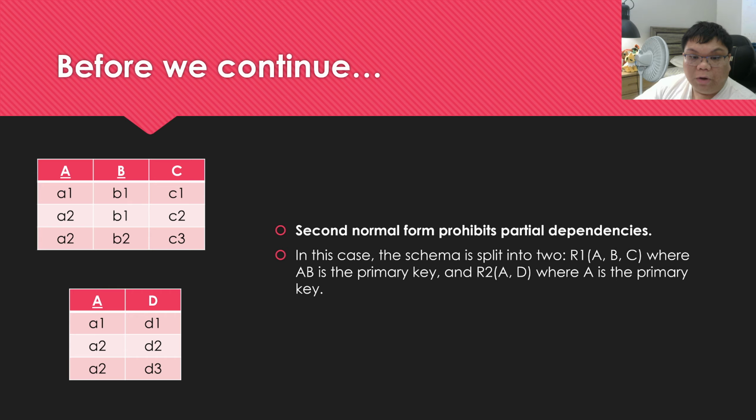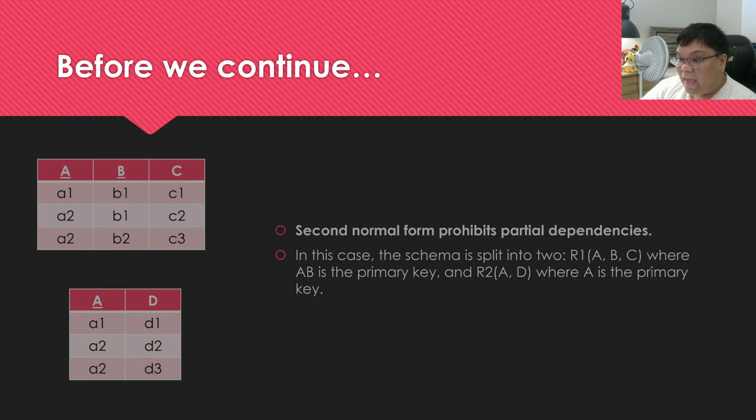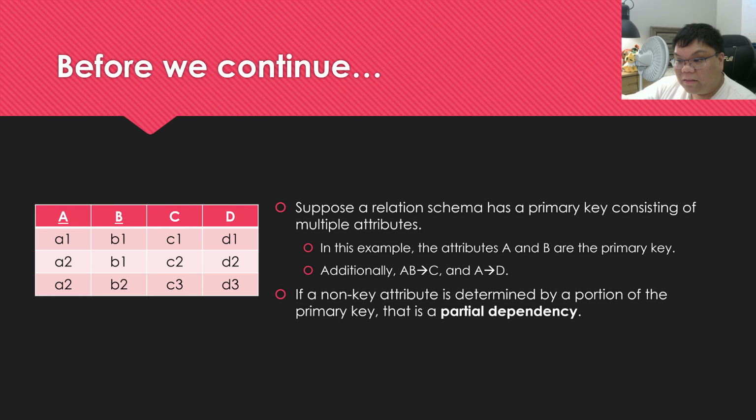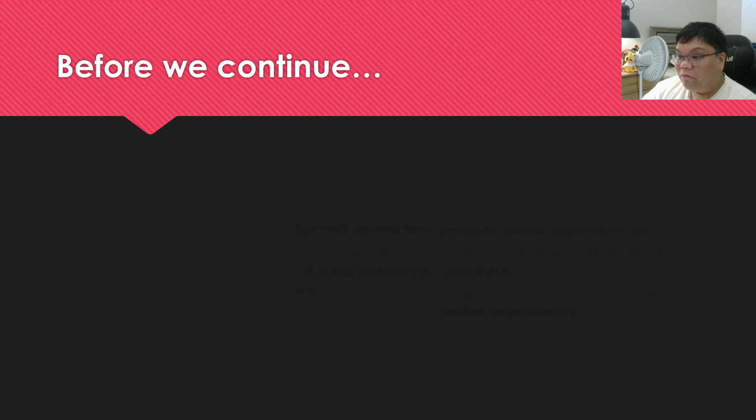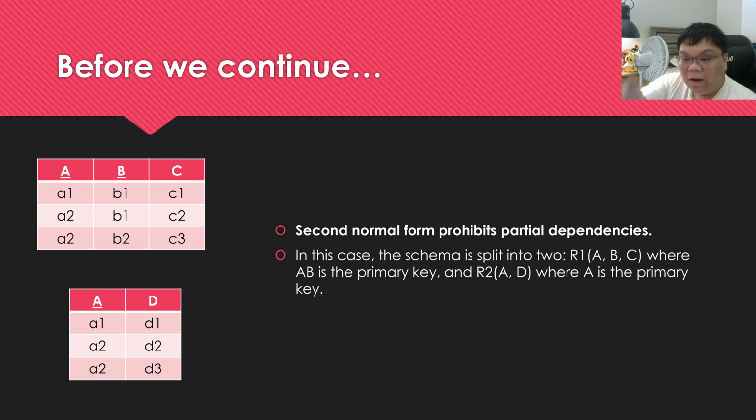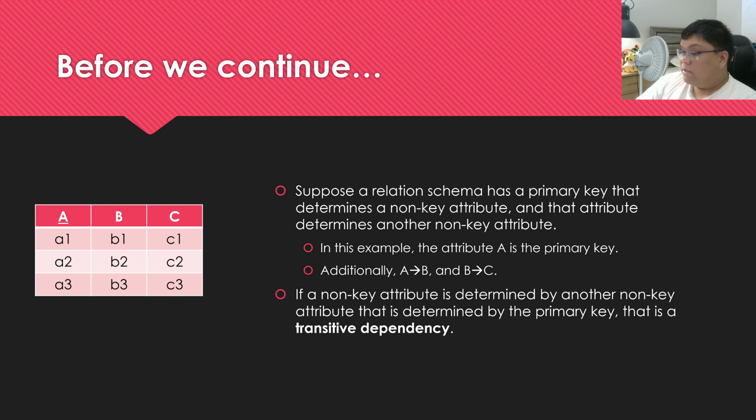Second normal form prohibits partial dependencies. In this case, because A and B determine C, but only A determines D, we just break this up into two schemas where A, B, and C are the attributes of the first table, and A and D are the attributes of the second table. So here's another example.